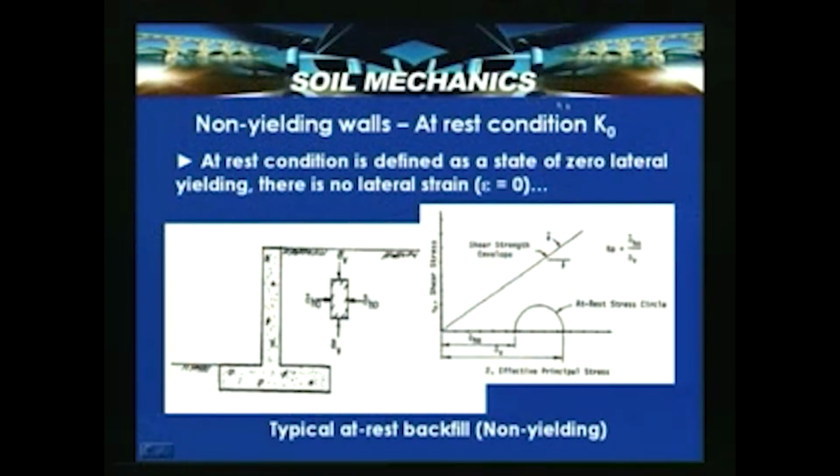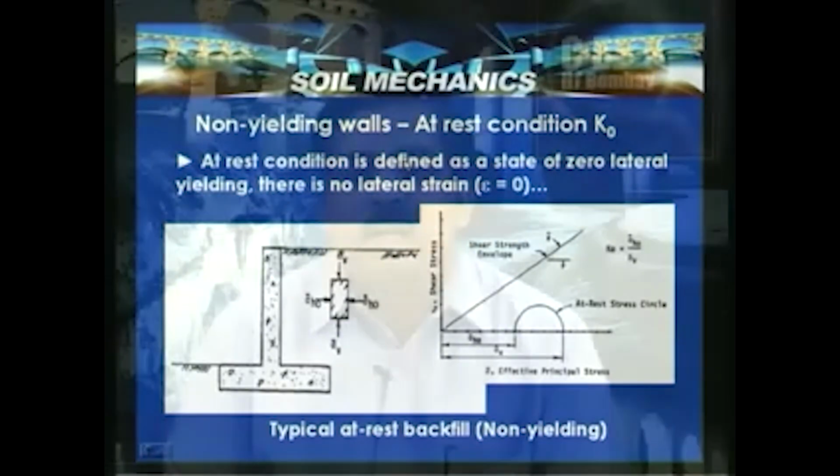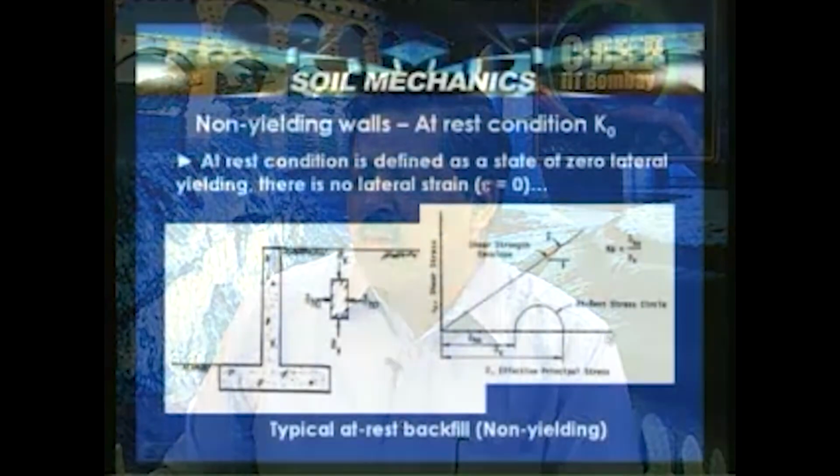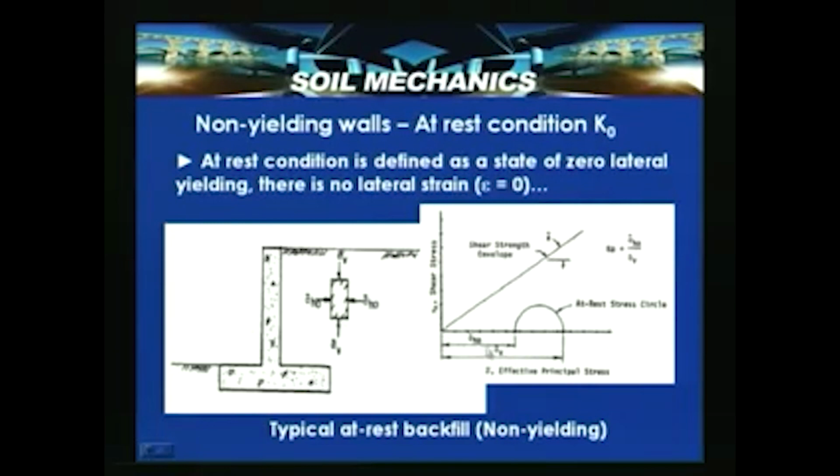In case there is no movement, then that condition we refer to as the at rest condition, K naught. The at rest condition is defined as a state of zero lateral yielding, and if there is no lateral strain, then epsilon is equal to 0. If you look at this condition in the tau sigma plot, in a Mohr circle plot, you can see the at rest Mohr circle here, where sigma v is represented here and sigma h naught is represented here.